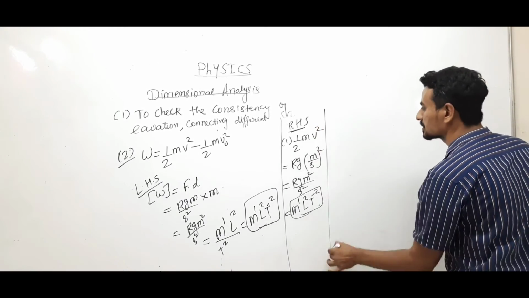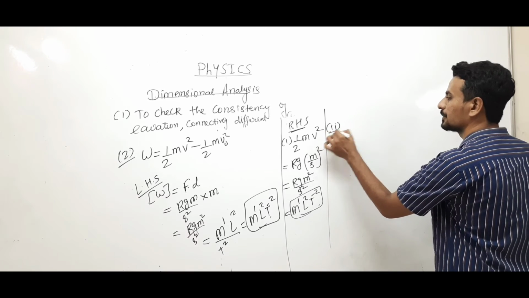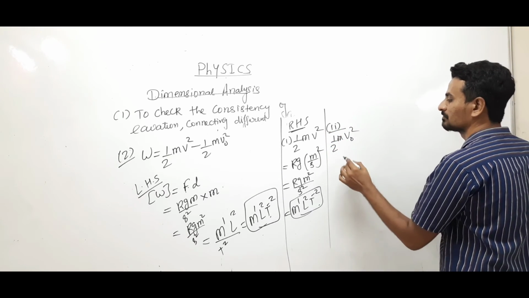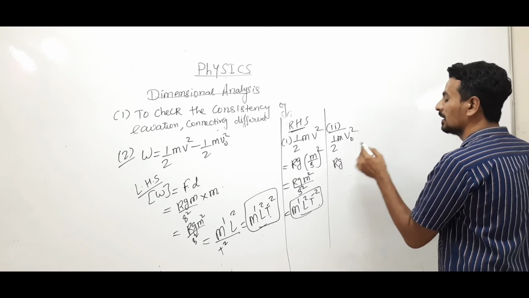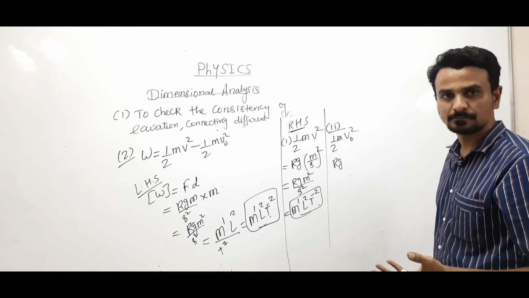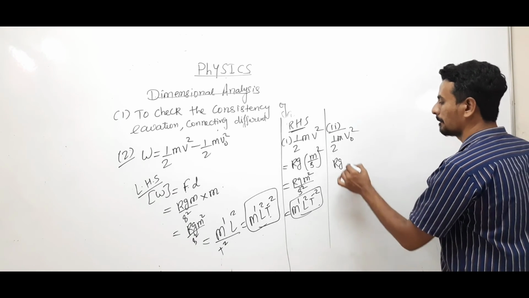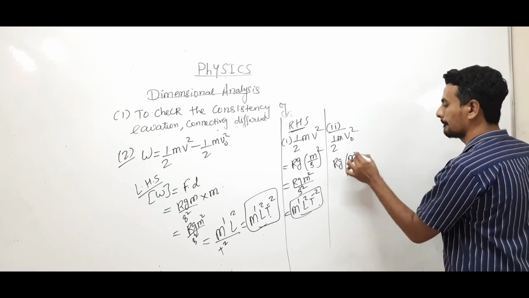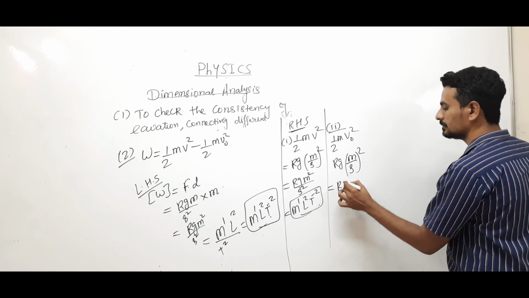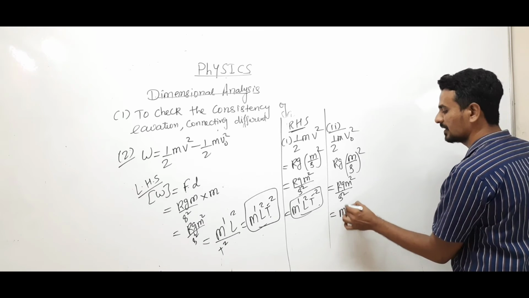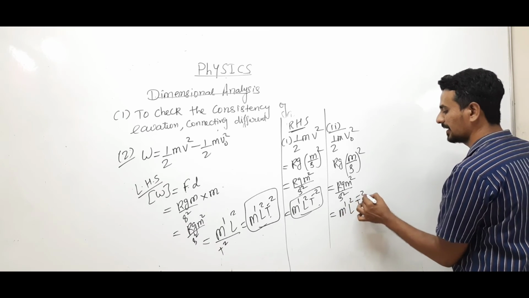So now let us check the other part. Kilogram. V or V0, in a way, represents velocity, so their units will be the same. Clear? Kilogram M1, meter square L2, T minus 2.